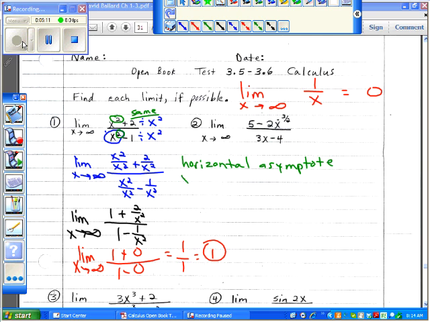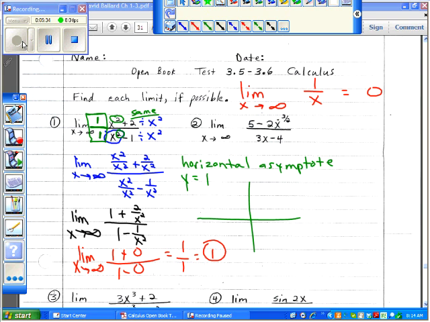What will the horizontal asymptote be? It will be the ratio of the leading coefficients, which here is 1. So we're going to have a horizontal asymptote at 1.